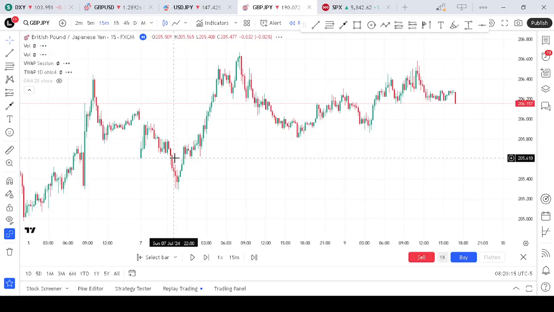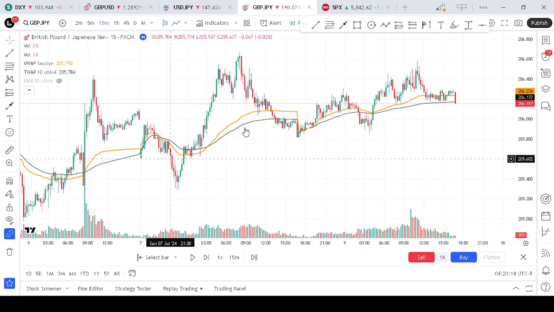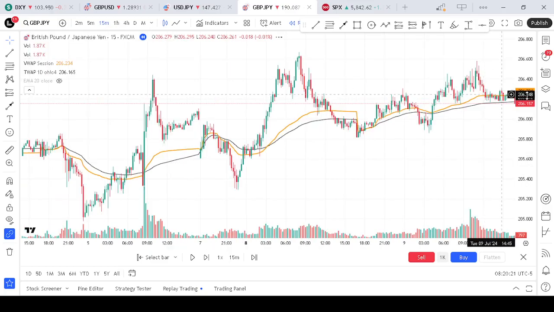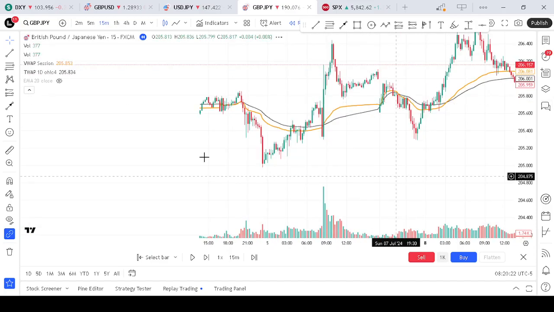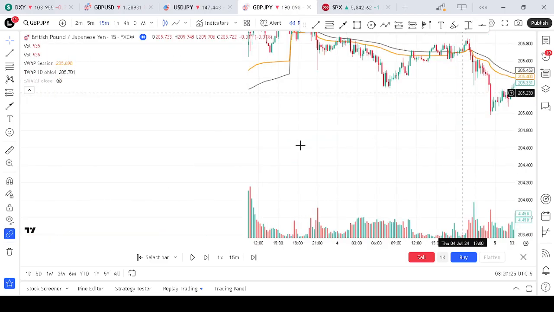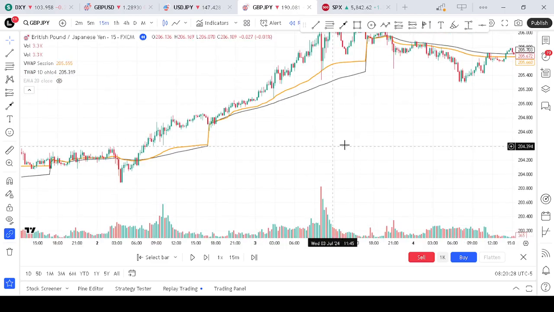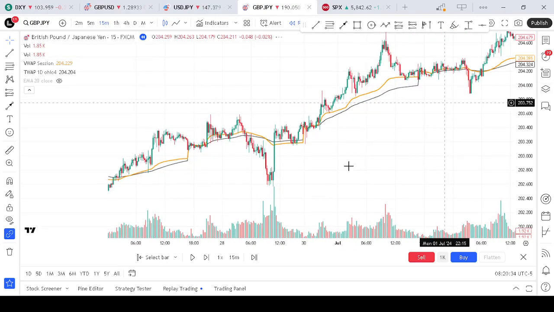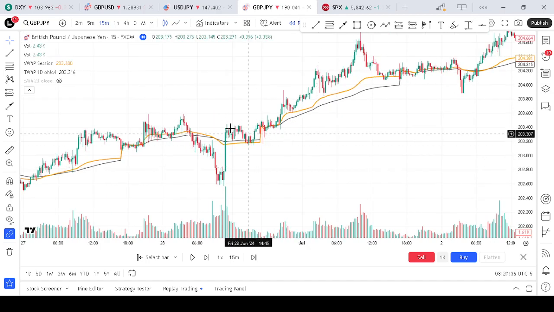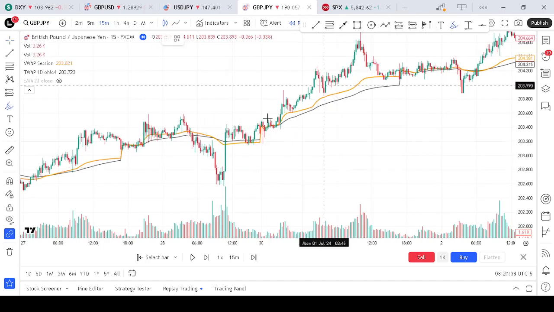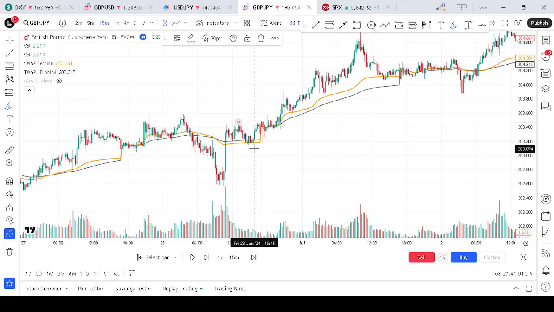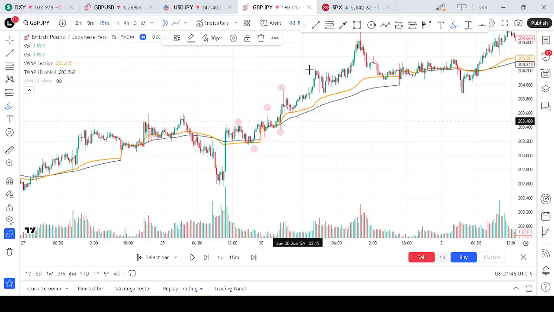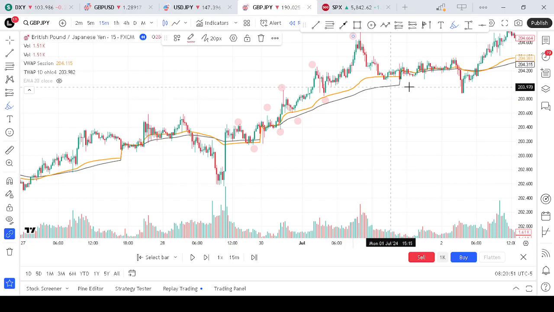We also have to look for higher highs and higher lows on the chart to be sure that yes, we are also in an uptrend on the lower time frame we are trying to capitalize on. So spotting my higher highs and higher lows in the chart. These are my higher highs, higher lows, higher highs, higher lows. It's not clear, but if we pay attention to the price, we know we are following the direction of the market.